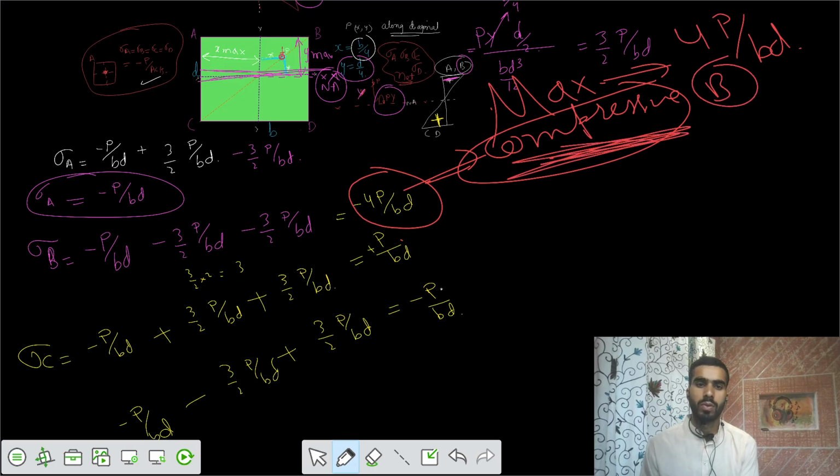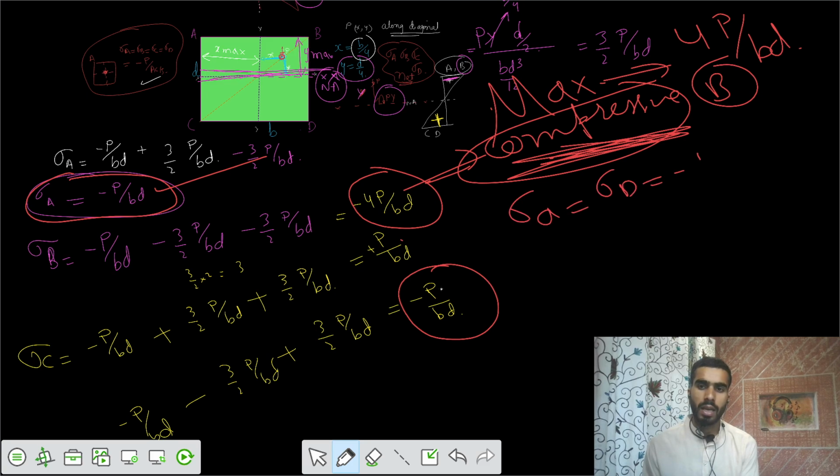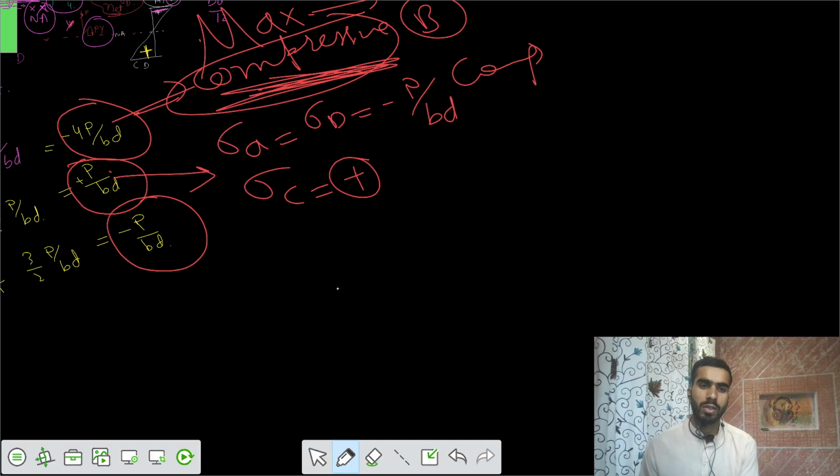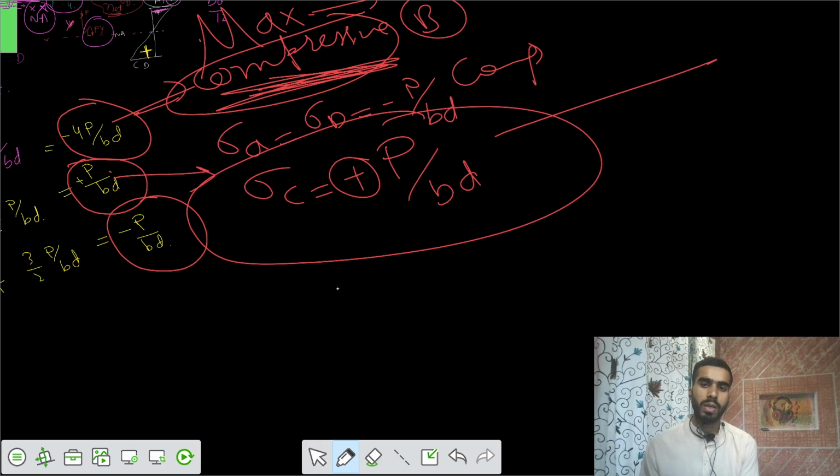The stress at a is the same as at d, that is minus P by bd compressive. And there is only one point where net tensile stress has developed, that is sigma c, positive. The maximum tensile stress we can have is at point c, equal to P by bd.